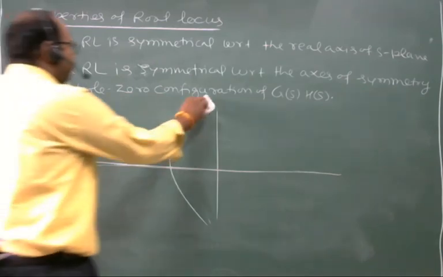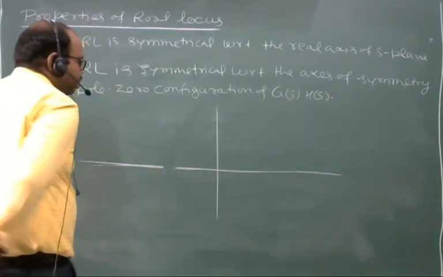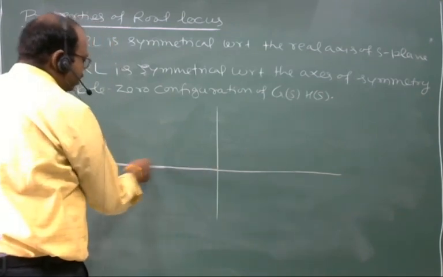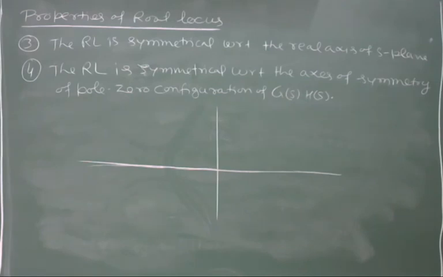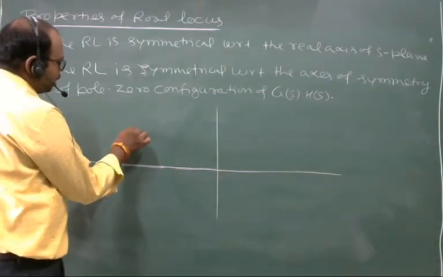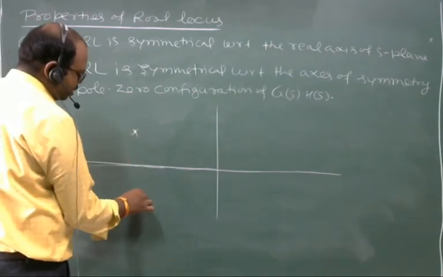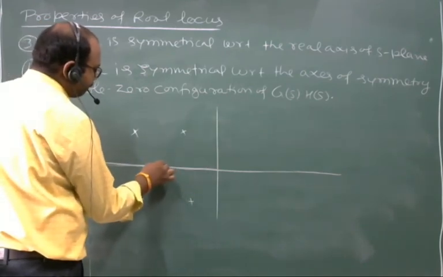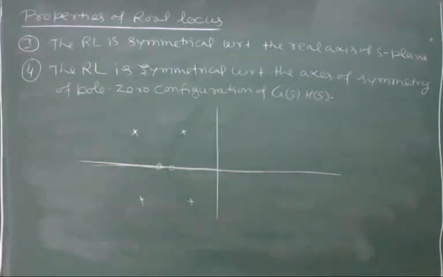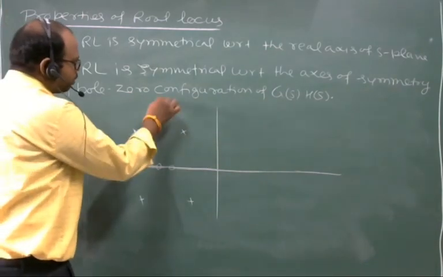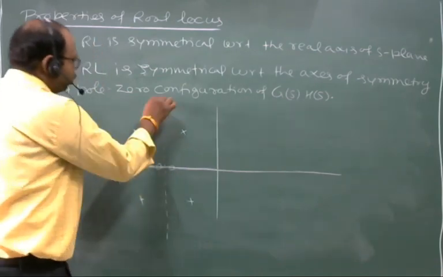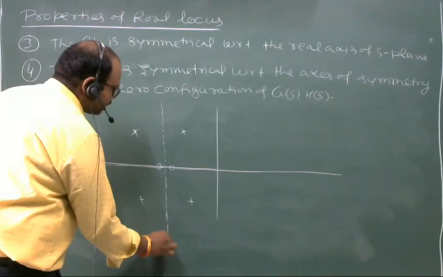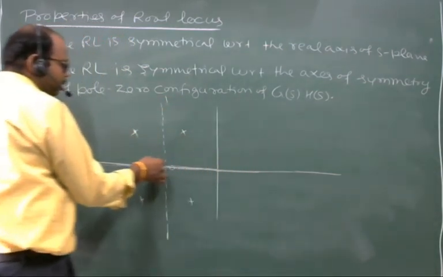If the poles and zeros of G(s)H(s) are like this, and let us suppose one axis of symmetry of this pole-zero configuration is this and the second axis of symmetry is this.